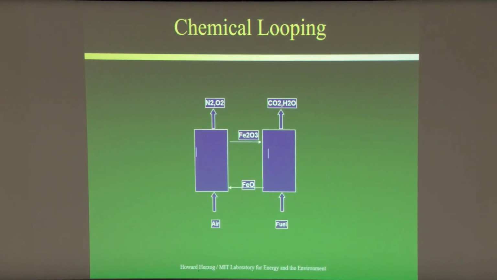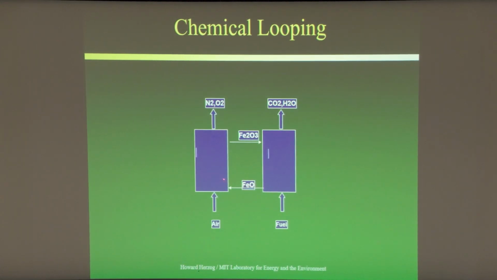And you have basically two fluidized beds. In one you put in the fuel, and what that's going to do is reduce the iron oxide, so that takes energy. The fuel provides the energy, and since there's no air in here, you're coming out with pretty pure CO2.